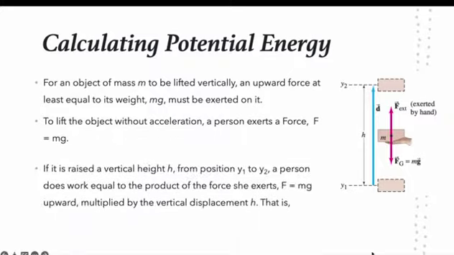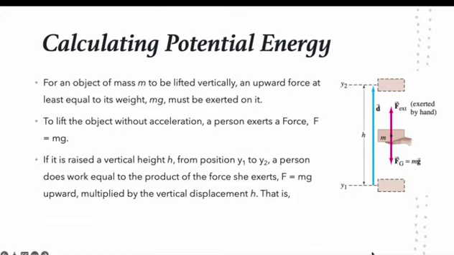Now, if I take an object and lift it from y1 to y2, then I'm doing work on this object, because I'm applying a force through a certain displacement. How much work did I just do? mg times h, or mg times (y2 minus y1).